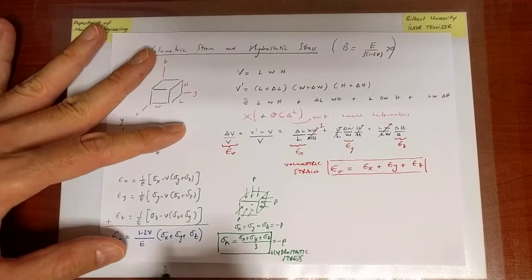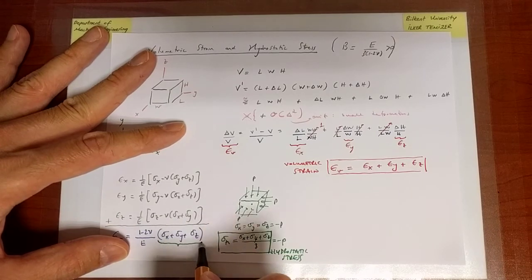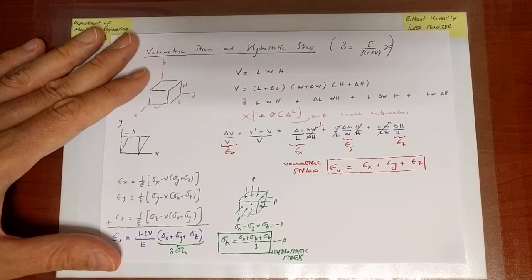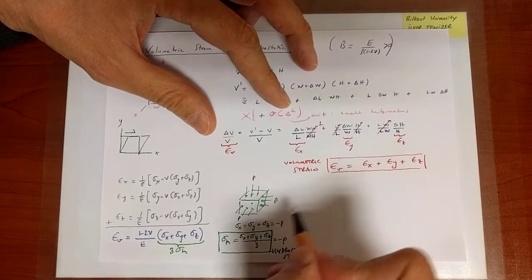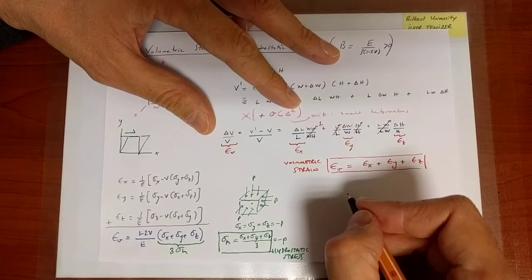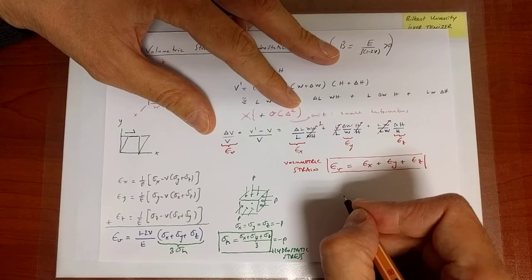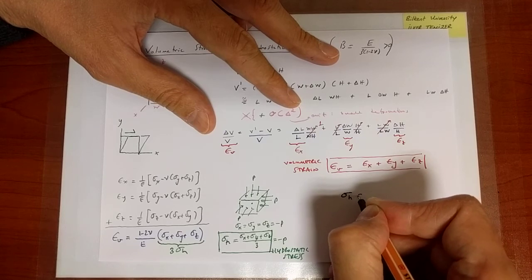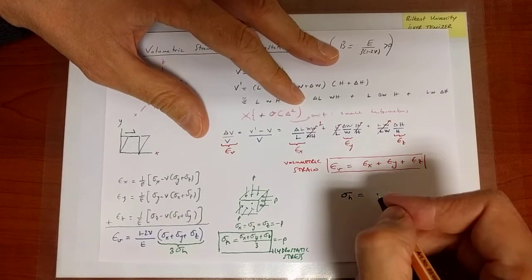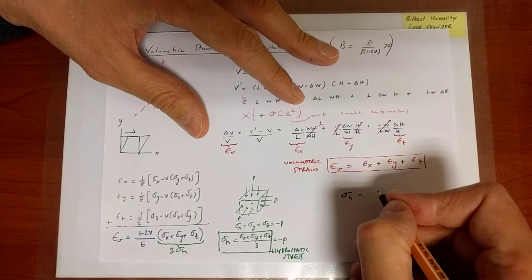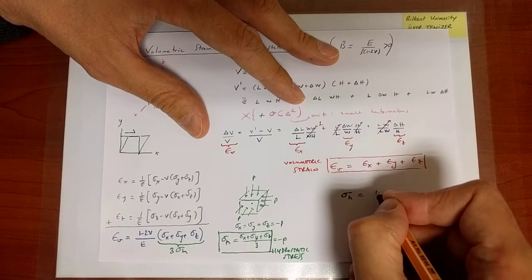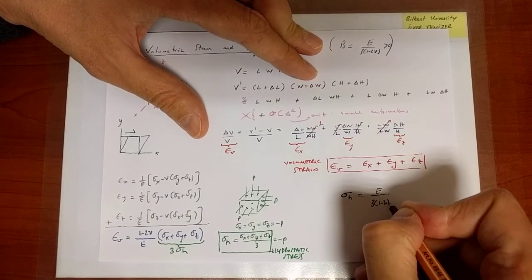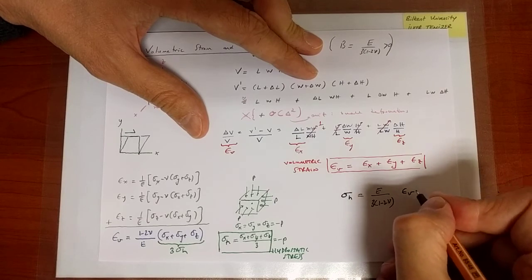Okay, so with that, I noticed that the quantity here, which I have just calculated, is 3 times sigma H. And hence, I can conclude with these 3 discussions that sigma H is equal to E over 3 (1 minus 2 nu) times epsilon v.